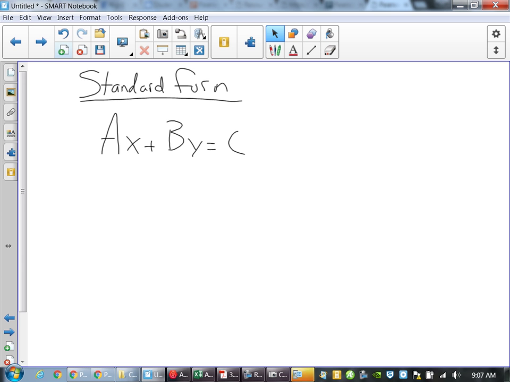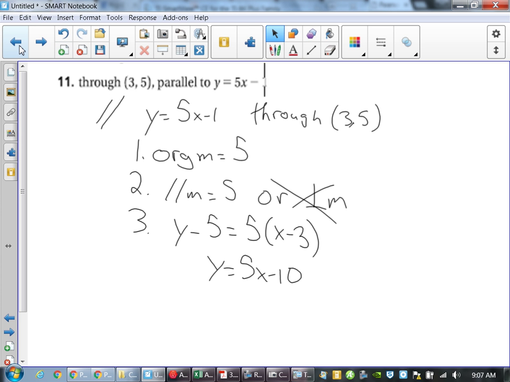That's standard form, right? You don't use it very often. I wouldn't even bother with standard form. We'll use it more when we talk about quadratics, because there's some easy stuff we can get out of that.